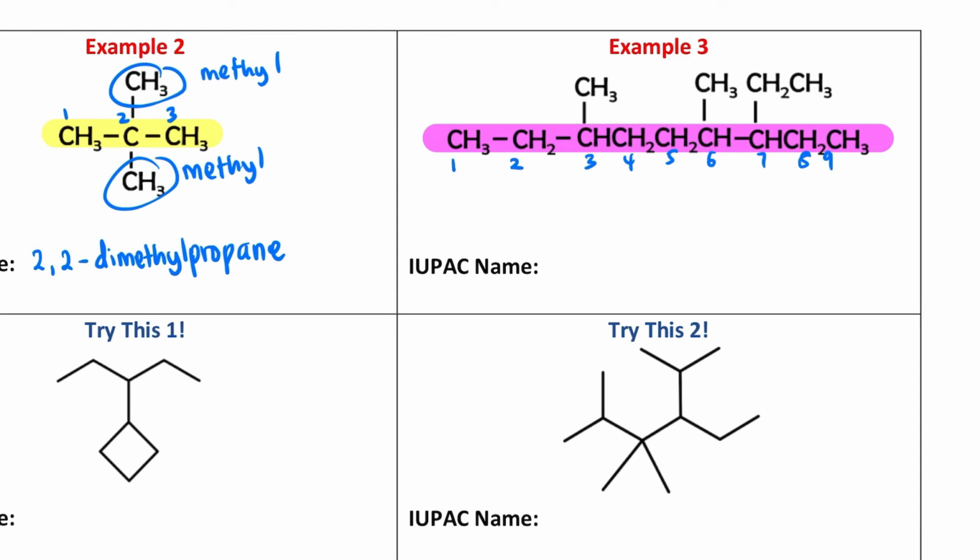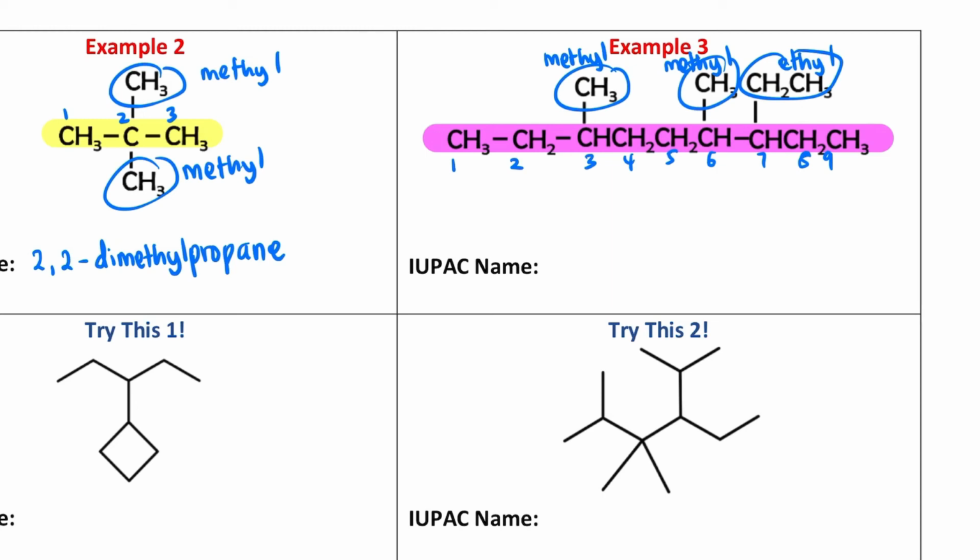Okay, 9. And then we have 1, 2, 3 substituents. So, ini adalah methyl because 1 carbon. Ini pun methyl. So ini 2 carbon, ethyl. Kalau ikut numbering saya start dari kiri tadi. Maybe I should reconsider that.